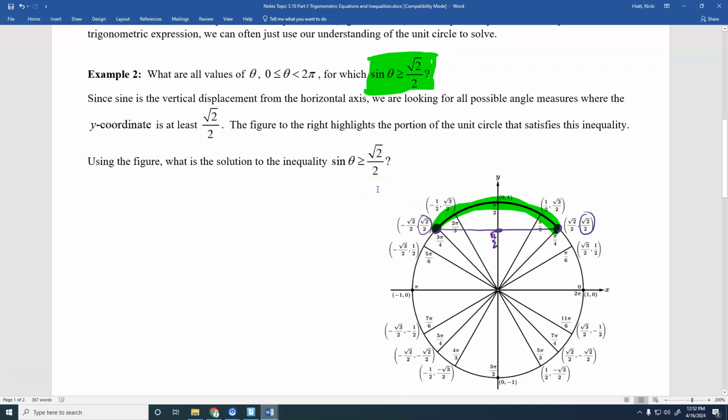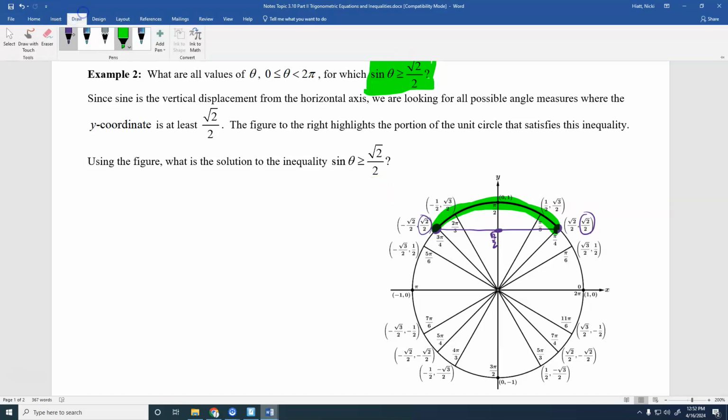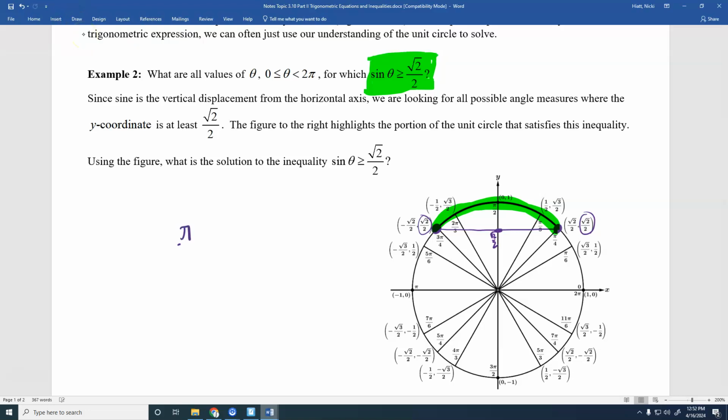So we're given the theta values where this happens. That's our angle. So that would be from pi over 4 to 3 pi over 4. Brackets or parentheses? Brackets, because it was an or equal to problem.